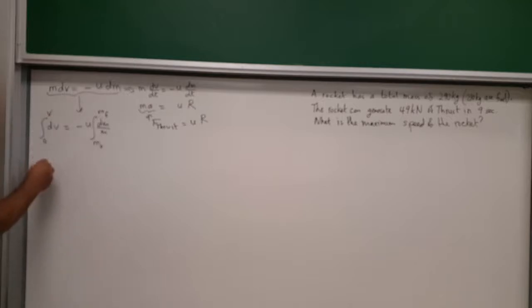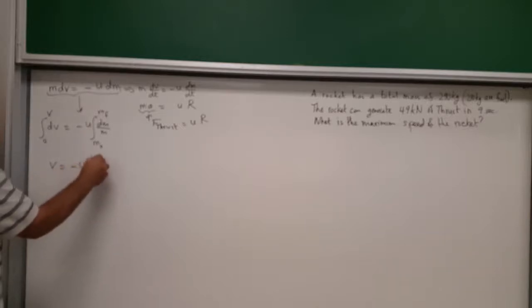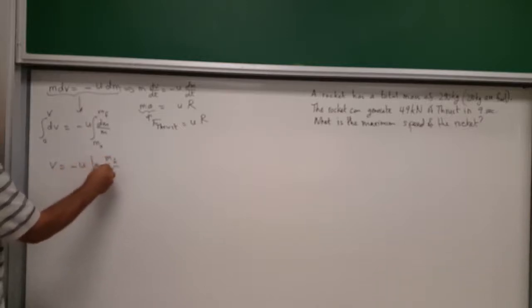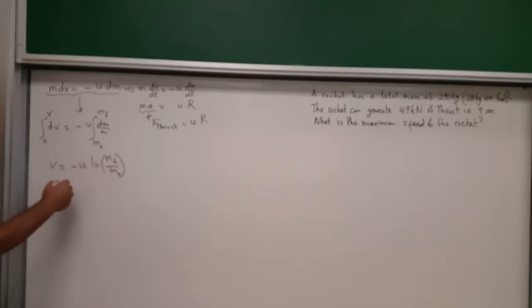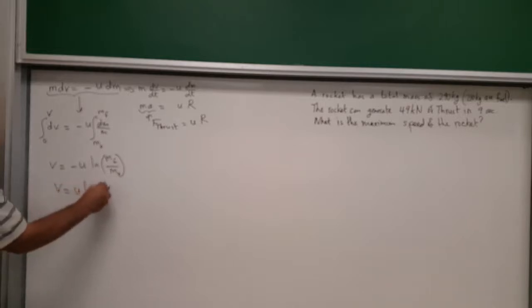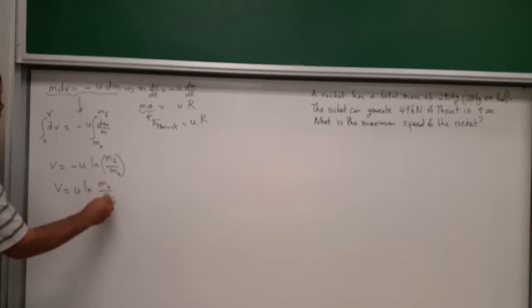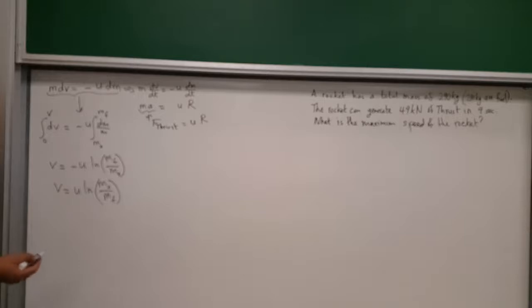If you integrate this, you get v equals negative u times the natural log of m final over m initial, and the natural log with a minus sign will just flip, so you get v equals u times the natural log of m initial over m final. So this gives you the velocity at any time.